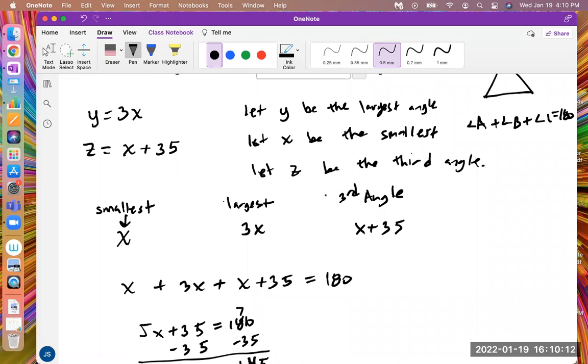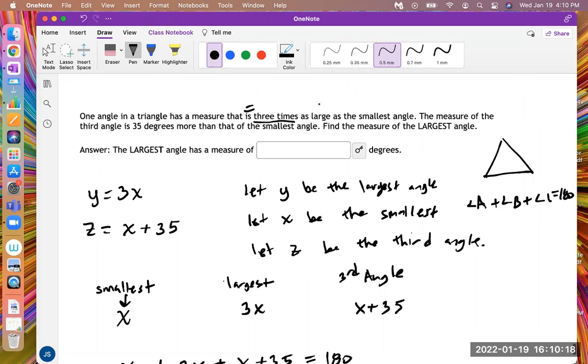The more you do these problems, the more you get used to it, but especially when they're talking about 3 different things in problems like this, like a large angle, a small angle, or a medium angle, you want to make up an algebraic expression for each one of those angles. In terms of only the x angle, the smallest angle, right?